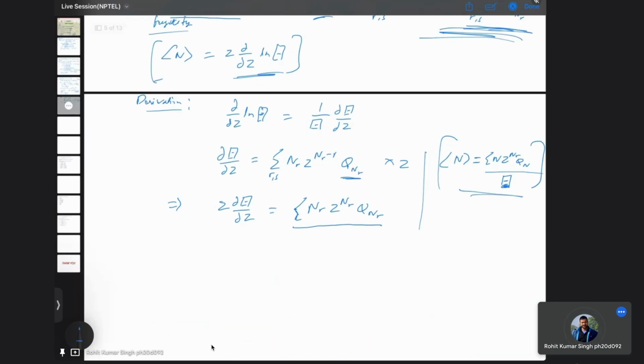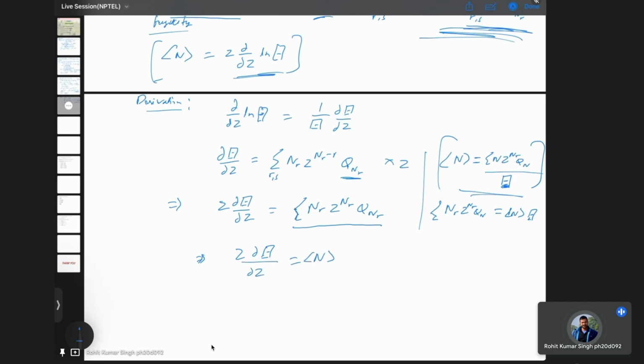And so nr is equal to n times the partition function, right? And so z del of z is equal to the average number of particles times the partition function.